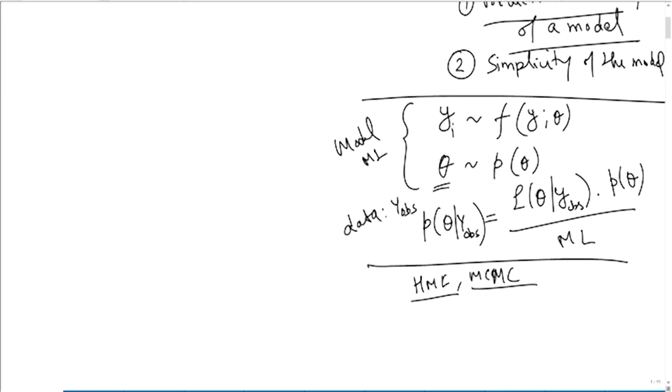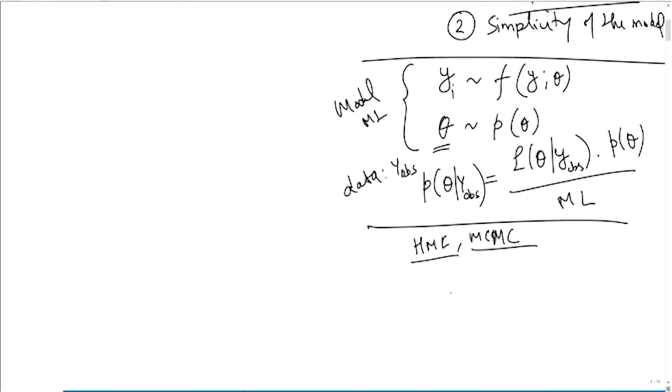Now, this is an estimated distribution. It is not the true distribution, it is estimated and approximated using an algorithm. So, it is better to write it this way. This is an estimate of this parameter theta. This is not the true value of the parameter theta. This is estimated based on this data y obs, right.